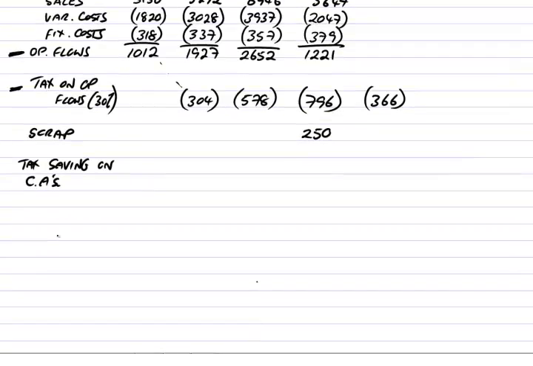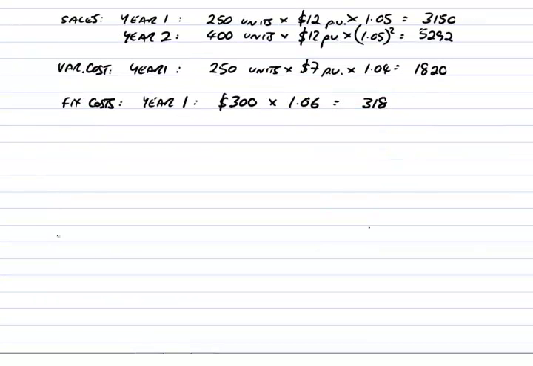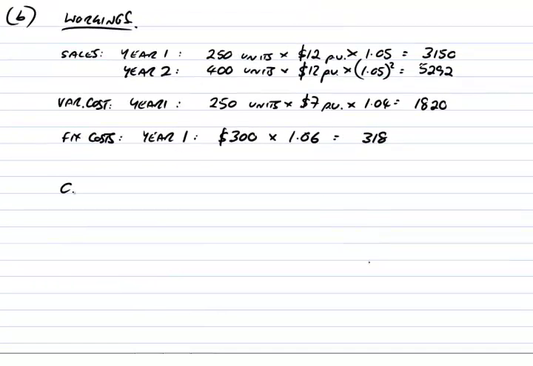So again, a bit of workings. Capital allowances. Note, where is it? Note 7. It says it's 25% reducing balance. And the tax is 30%. So, the original cost was 2,000.